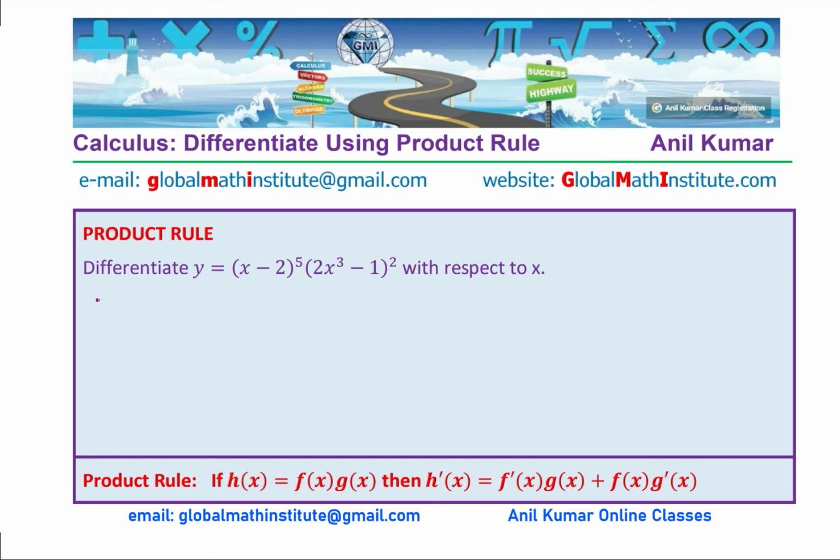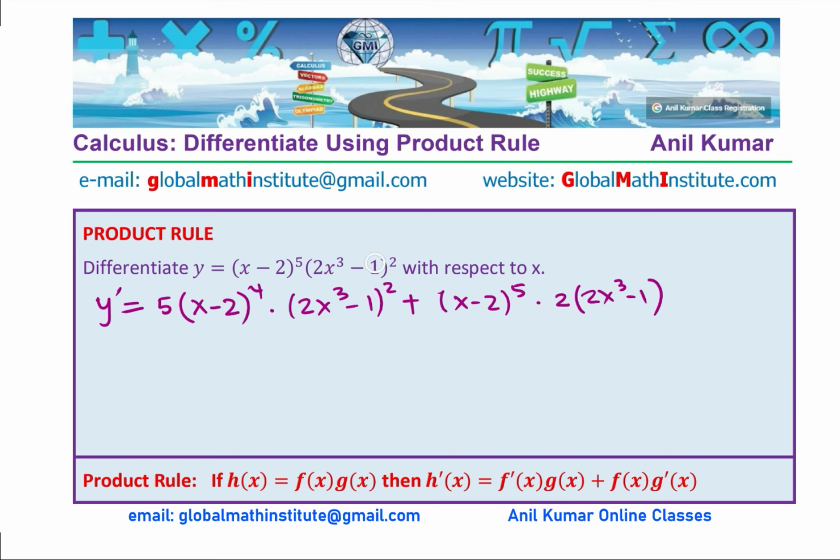So we can say that the derivative of this function, I'm using a different notation now, is the derivative of the first function, which is 5 times (x minus 2) to the power of 4, times the second function, which is (2x cubed minus 1) whole squared, plus the first function, written as such, (x minus 2) to the power of 5, times the derivative of the second function, 2 times (2x cubed minus 1) to the power of 1, and now the derivative of the inside function, which is 6x squared.